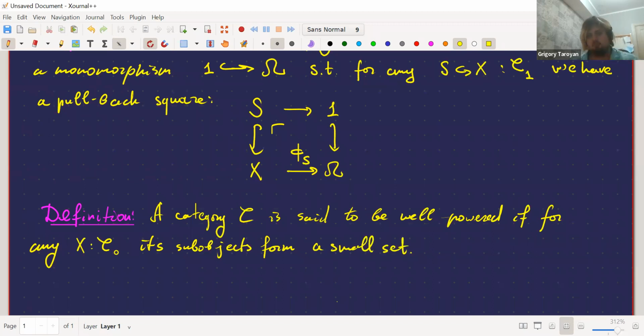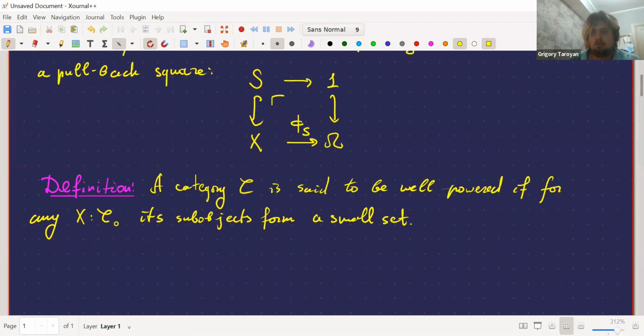So the word small here means that we just have some regular set, that it's not a proper class. The word small means that basically we use this technology with an inaccessible cardinal that says that if something is strictly smaller than this cardinal, it's a small set, and so on. But I won't dive into much detail.